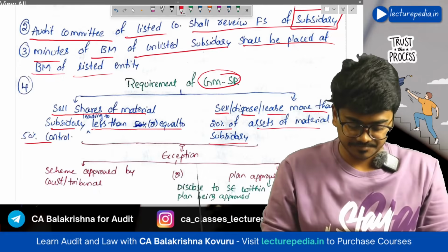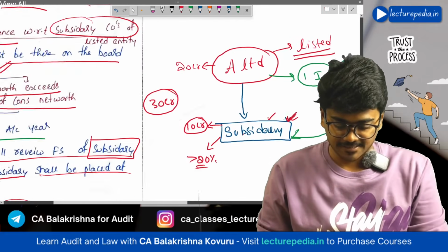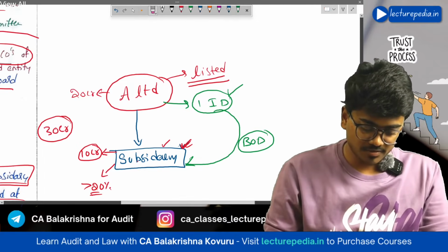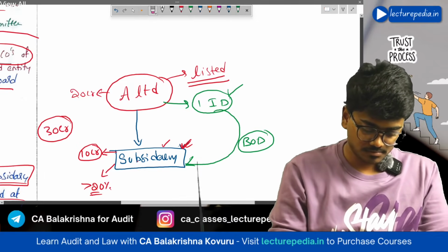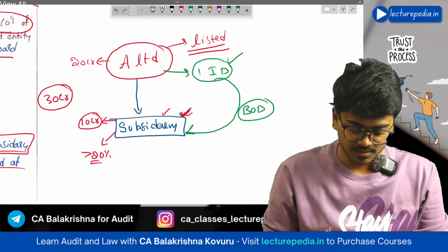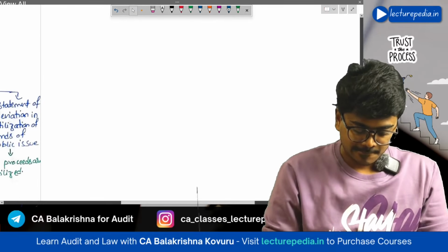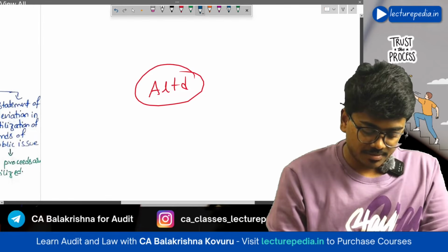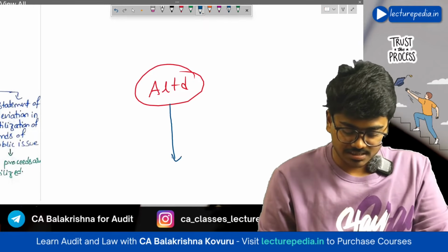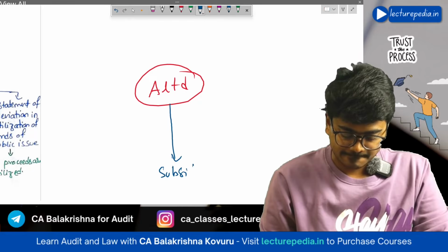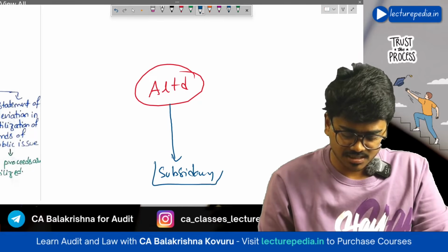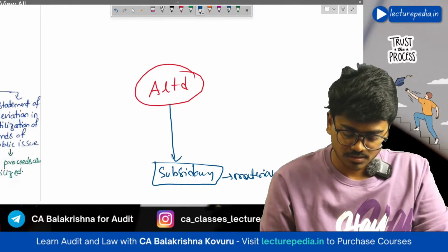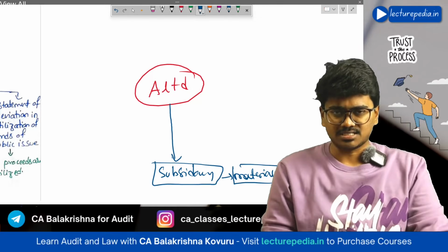Now, what is this? The same example will continue. I'll again write that example. A Limited is a listed entity and it has a subsidiary, and this subsidiary is a material subsidiary.